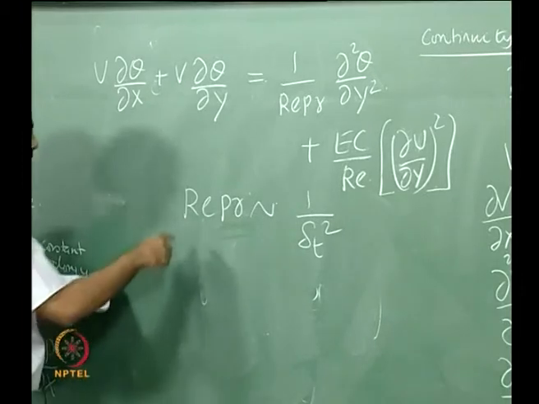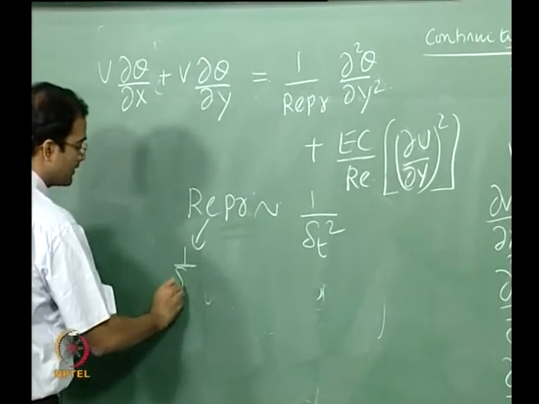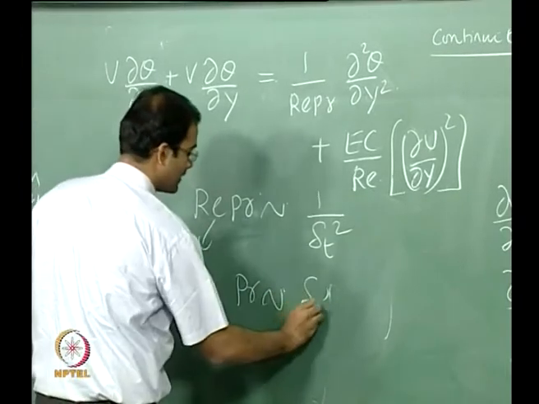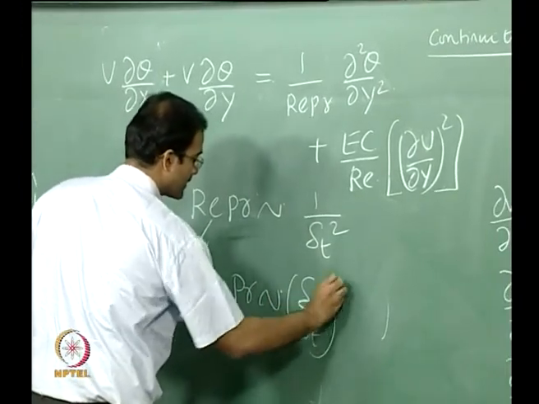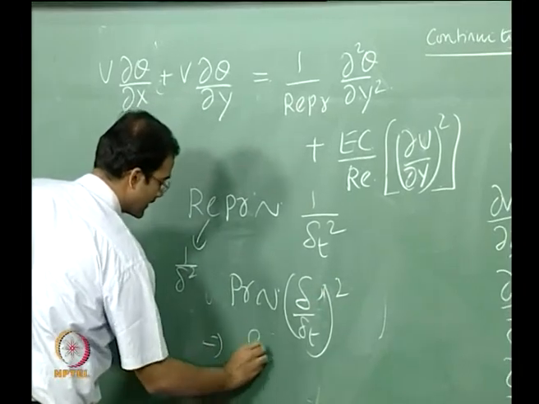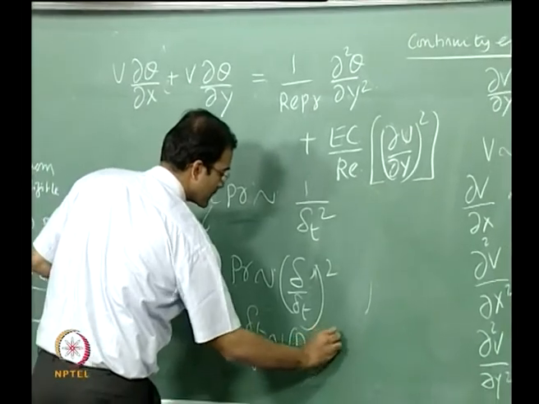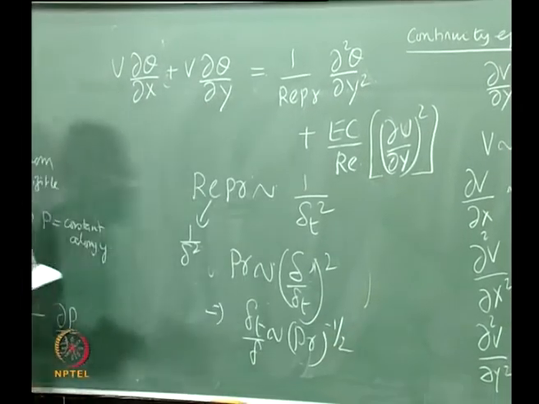Understood? So already you know Re is of the order of 1 over delta square, therefore Pr should be of the order of delta by delta t the whole square, or in other words your delta t by delta should be of the order of Prandtl number power minus half.